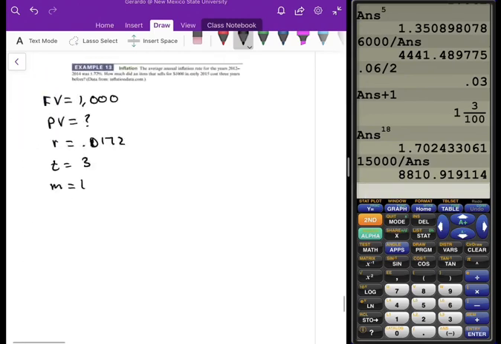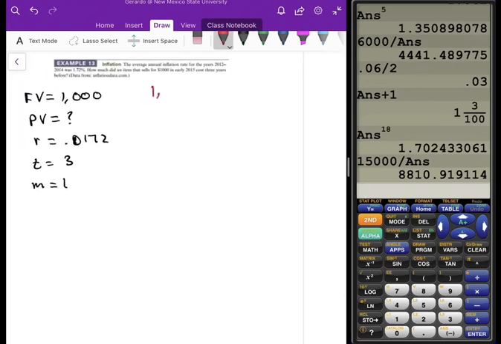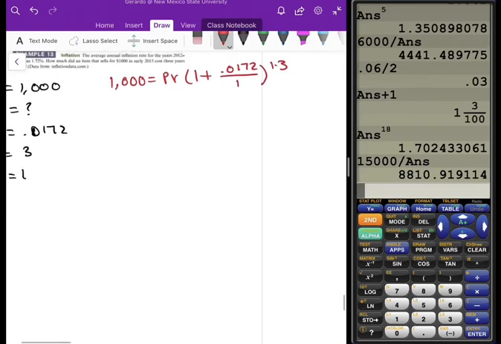So then we have 1,000 equals present value times 1 plus 0.0172 over 1, to the power of 1 times 3.